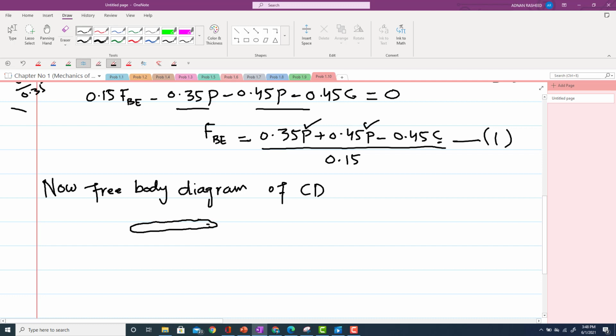This is the point D, for example, and this is point C. So you can see that there is an upward force C, and at D there will also be a reaction force in the upward direction. And from the diagram you can see that this is the value of P, and this distance from this to P is 0.1 meter.